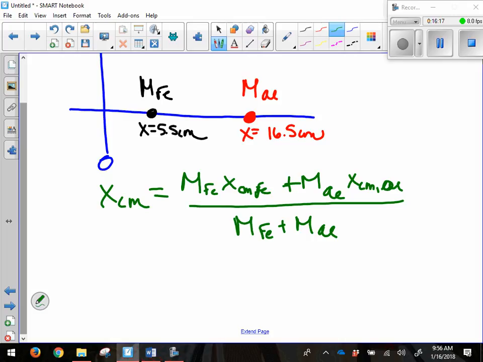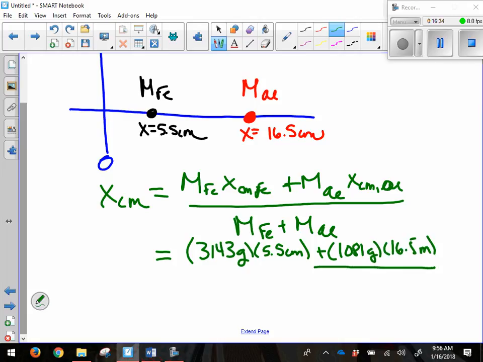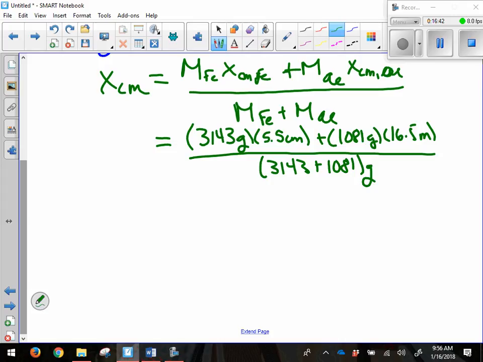Okay. So that gives us 3143 grams times 5.5 centimeters plus 1081 grams times 16.5 centimeters divided by 3143 plus 1081 grams. And what do we get for the x center of mass?